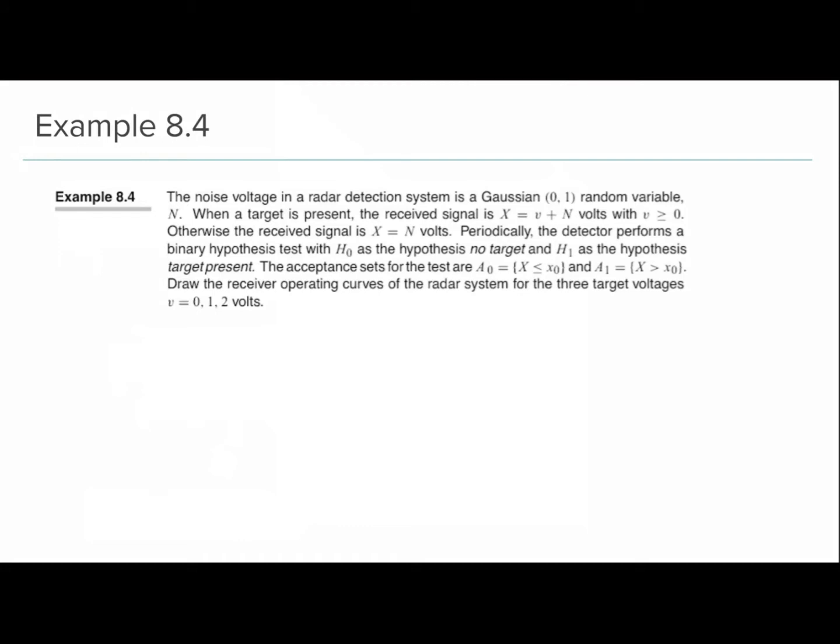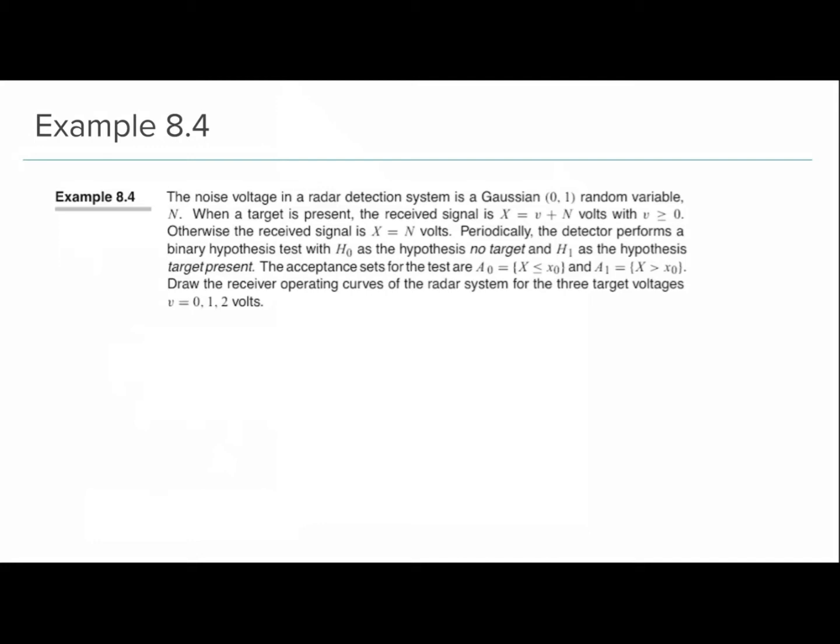A false alarm will be if there is no target and we still end up getting the set A1, the outcome will belong to the set A1 even though there is no target, right? And miss will be if the target is present but we still end up getting A0, right?